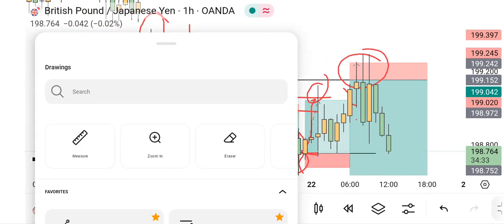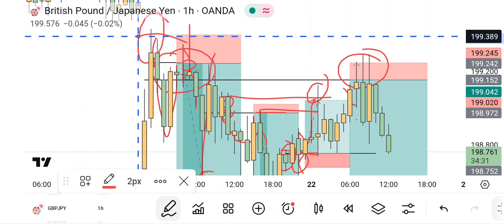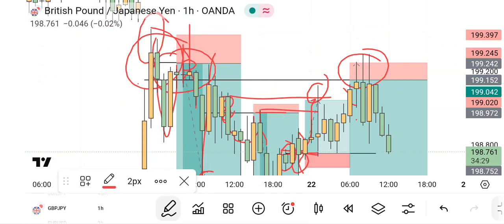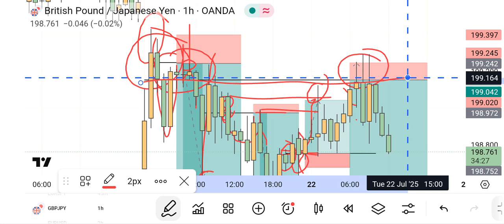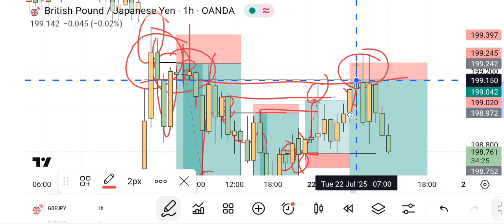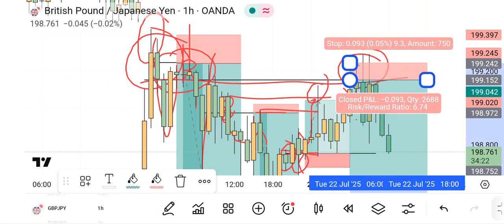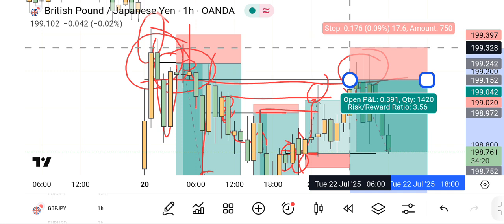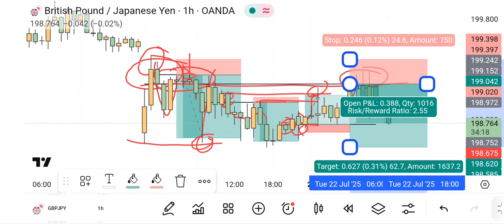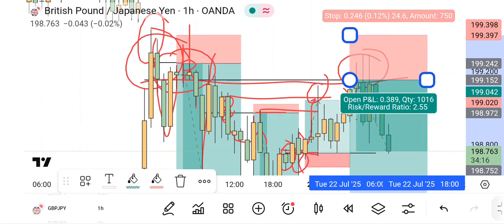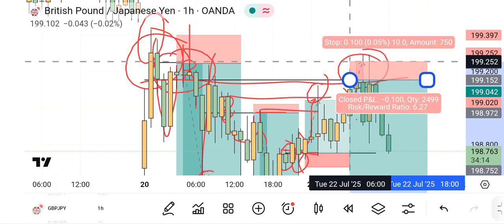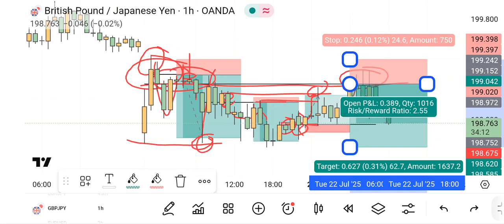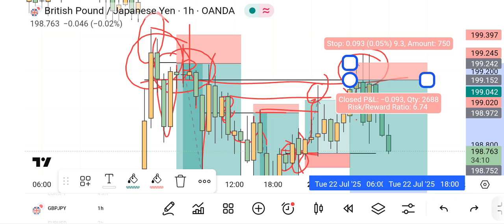Just this zone here, this same supply zone, I placed the mark here, then expecting the price to come here. But my stop loss was supposed to be above this here, either above here to give me 1 to 2, but 1 to 2 will be somehow. Then I reduced it down to this zone.